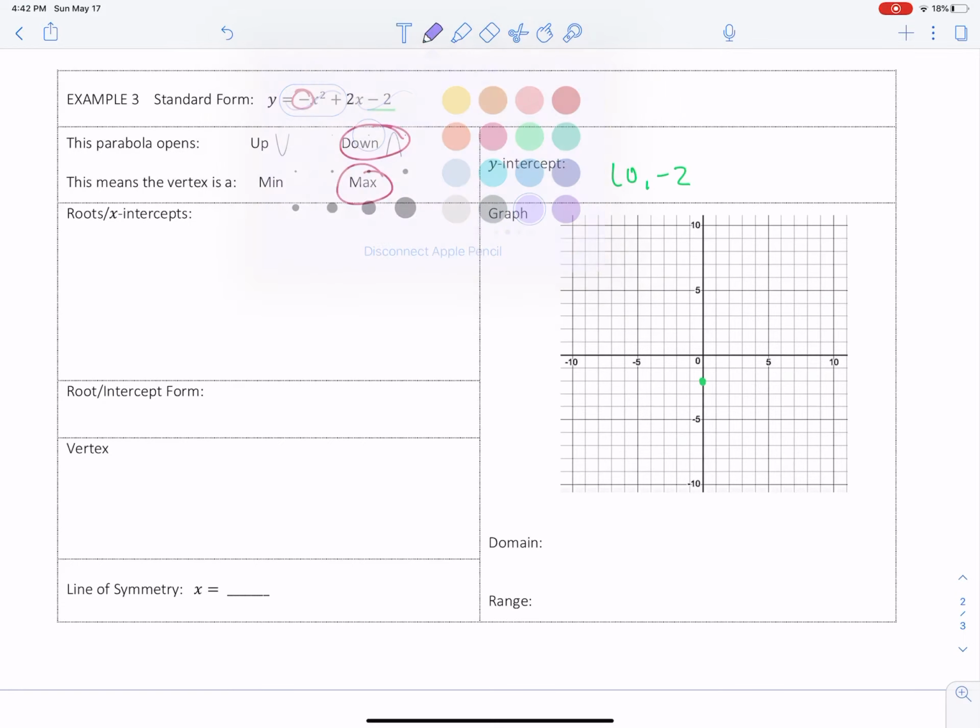Our vertex. So we know that x is equal to negative b over 2a. For us, this is going to be negative 2 over 2 times negative 1, meaning that we have negative 2 over negative 2. That's equal to 1. Our line of symmetry is x is equal to 1.